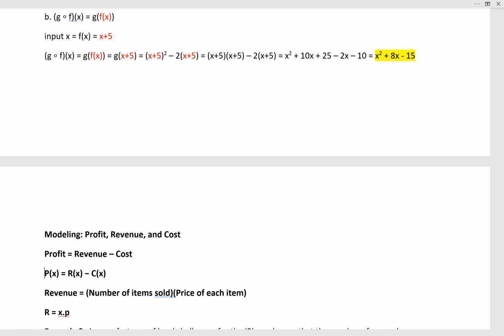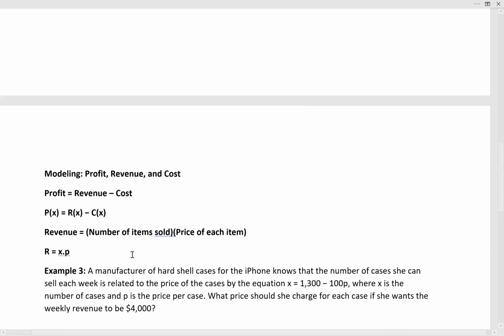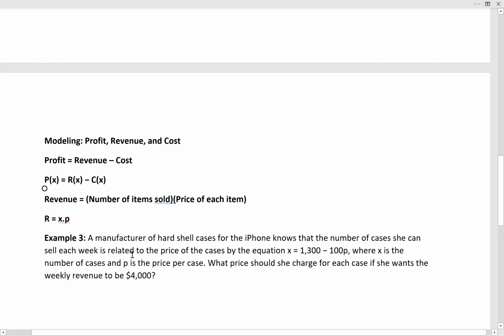So that is cost. So I have P(x) equal to R(x) minus C(x).